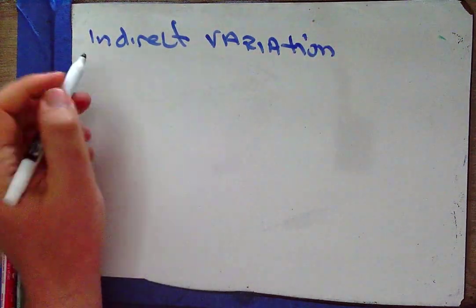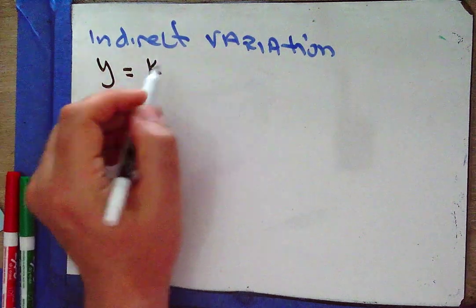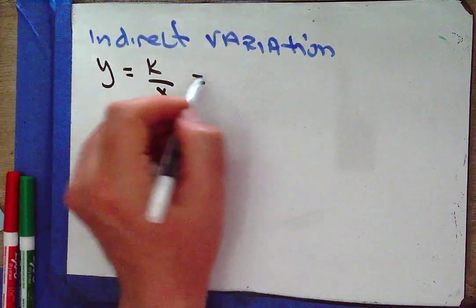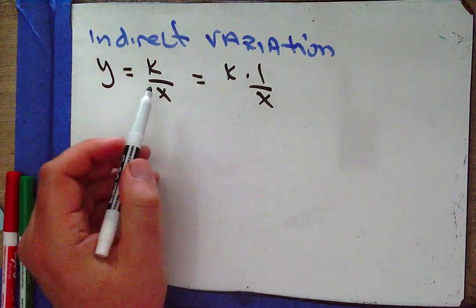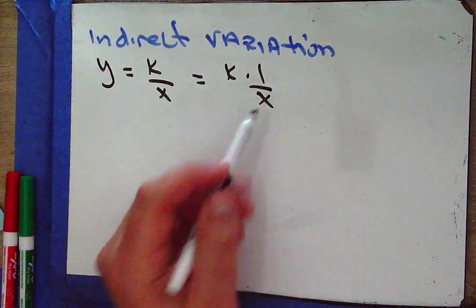Its model: y equals k over x, or k times 1 over x. I usually use this form, but this is legit too.